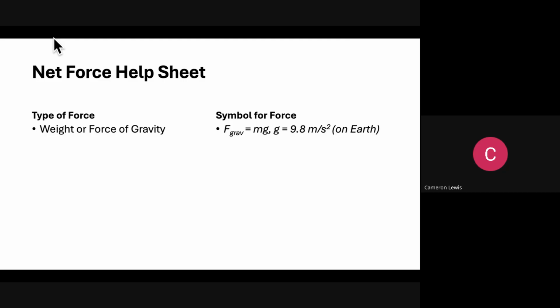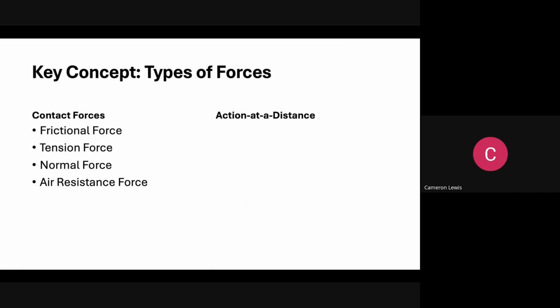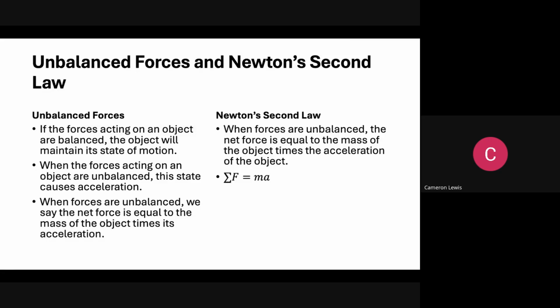So what does this equation look like? Mass times acceleration, which is what? Look, as I'm going backwards. The sum of the forces equal to mass times acceleration. Look on the slides. The net force is equal to mass times acceleration, which is the what? Look at the bolded words.